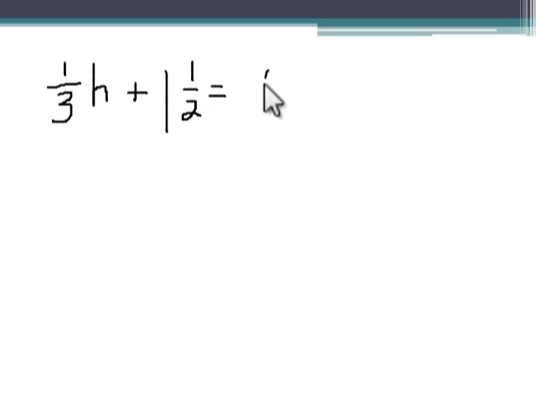So once again, I think we need to look at an example. So let's say that we had 1/3 times h plus 1 1/2 equals 4 1/8.